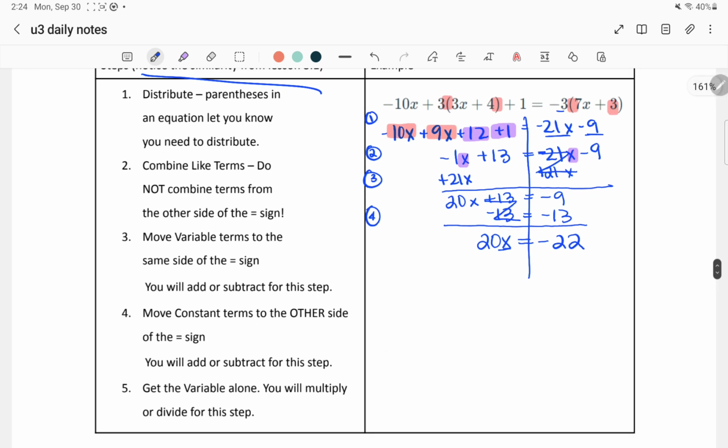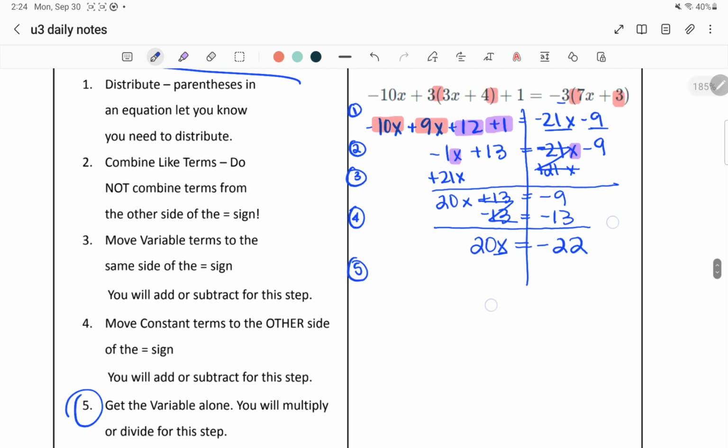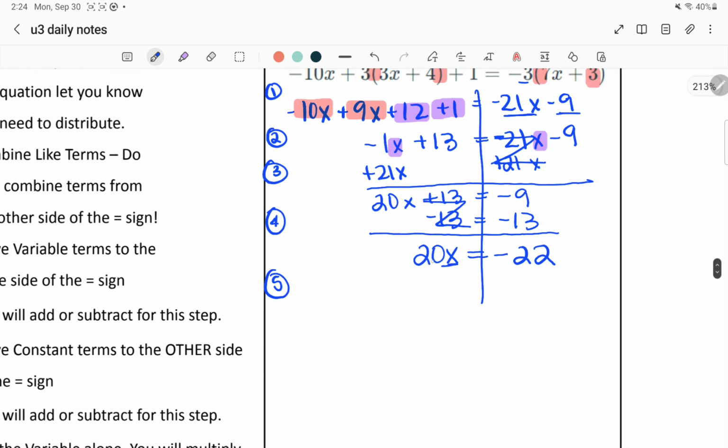After this, I'm at step 5, which is my then solve step. I need to get the variable all alone. So now I'm looking at the x and the 20, and in between there is a little multiply. I undo multiplication by dividing.